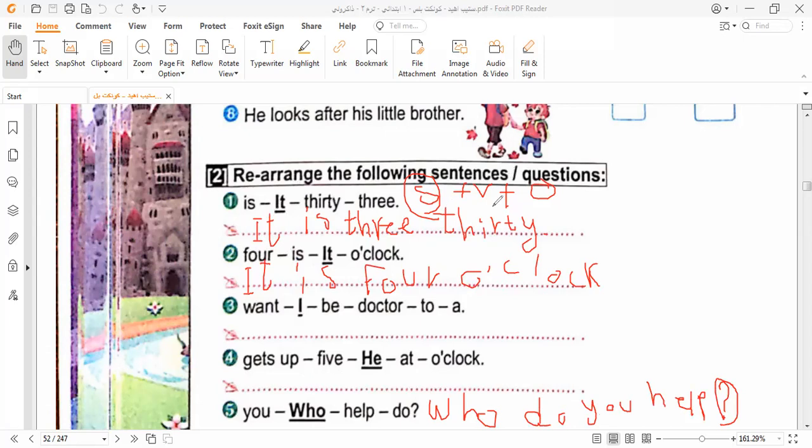So in the statement sentence we use subject, verb, object. When we do the question form like this, we say who do you help? So we replace the verb instead of the subject. Who do you help?